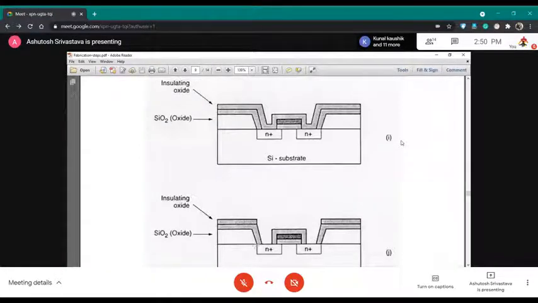So this from here to here is your active region. These are acting as an isolation to the next transistor on either sides.